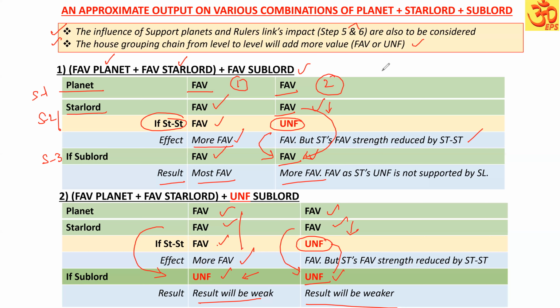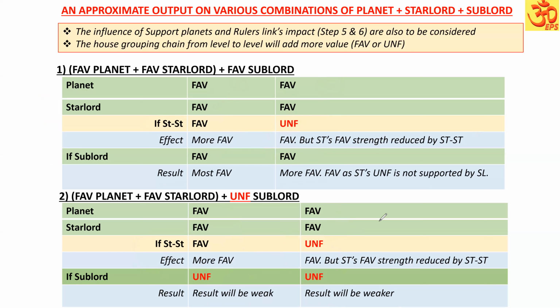In this case, please understand one thing. Whenever a planet is favorable with the primary house for the event, but the star lord is unfavorable with the primary unfavorable house.